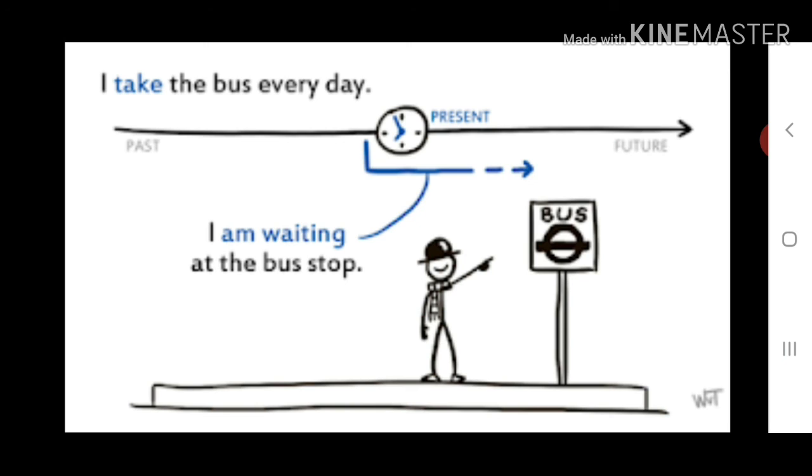You can see there the verb to be, you can see ing in the verb wait, waiting. And well, we could add a time marker as well that says, I am waiting at the bus stop right now, or I am waiting at the bus stop at the moment. And it will be even clearer that we're using present continuous.